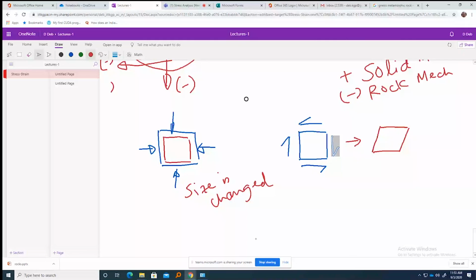Or the reverse way. In this case, maybe it is something like that. Either way, it is trying to do this. So this is what normal stress does. This is what shear stress does.